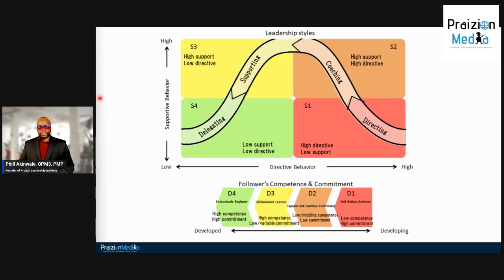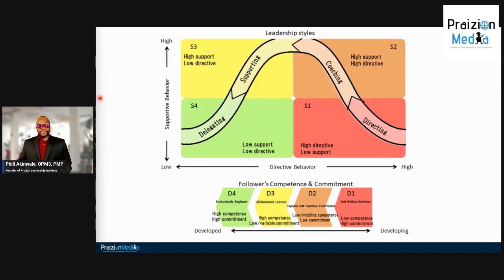If the follower is developing, he or she might have demonstrated task proficiency, but it's like that job where you still have a little bit of trepidation. You've been for training, you understand the subject matter, but you still got that niggling feeling in you that you don't know. That's like the imposter syndrome, if you will.